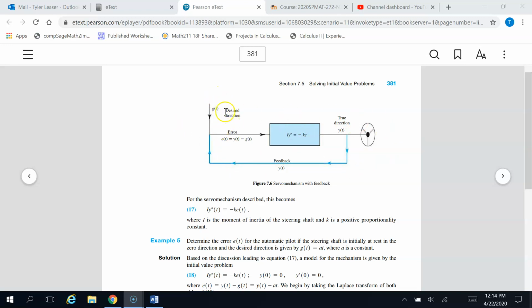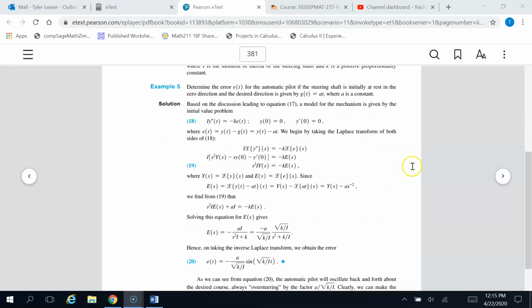So we have the desired direction, G, and the error, which is where we're going minus the desired direction. You plug that into this differential equation that tells the computer how much to turn the wheel to get back to the true direction. Then you plug it back into the system to see if there's another error. And if so, then you move the wheel a little bit, and it just kind of keeps looping like that forever and ever. Really cool.